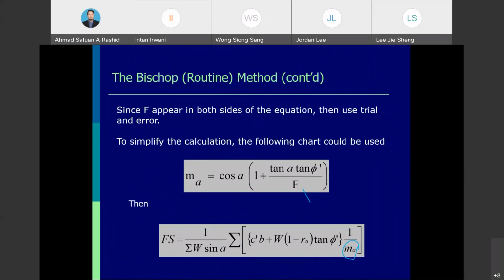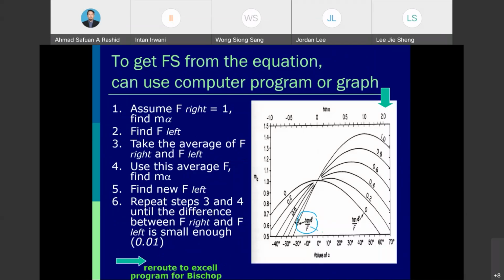If the Fs is not equal to the F that we assumed in this equation, repeat again. So assume F right is equal to 1, find M alpha, which is MA. Then find F left. Take the average of the F right and F left. Use the average F to find the M alpha. Then repeat until the difference is small enough, which is 0.01.